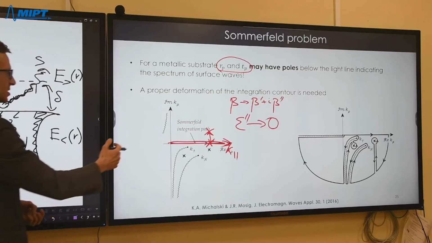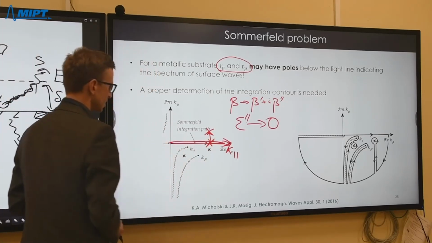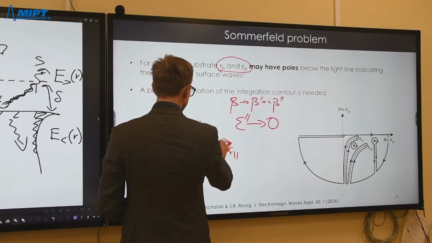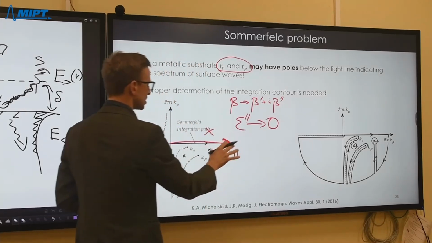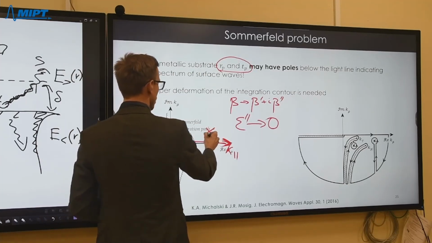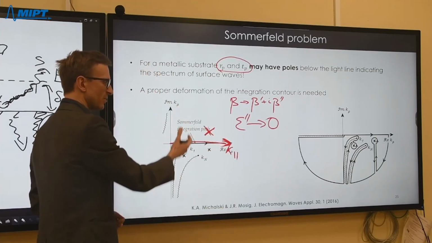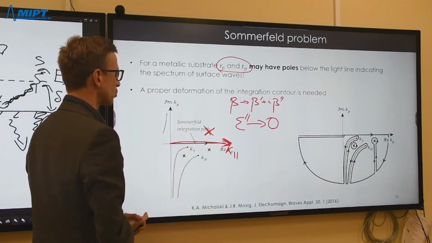But this suggests another way of doing this problem, because we see that when we add a very small dissipation, the pole moves into the upper complex half plane.